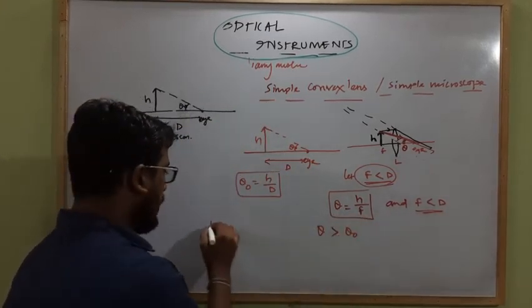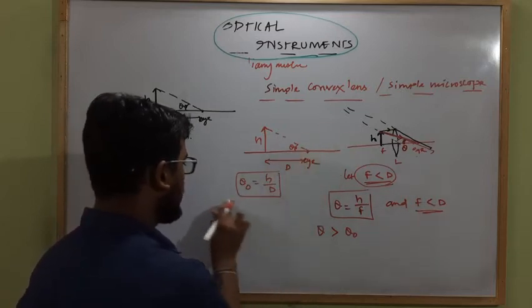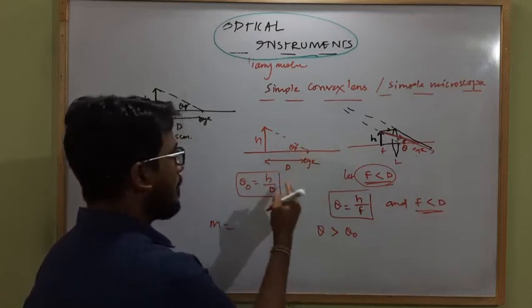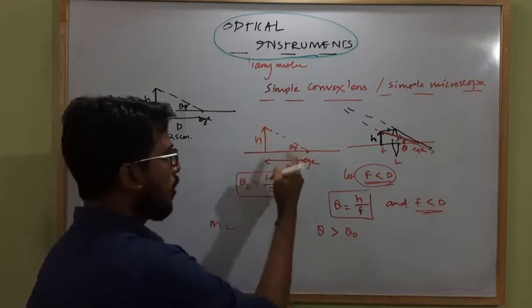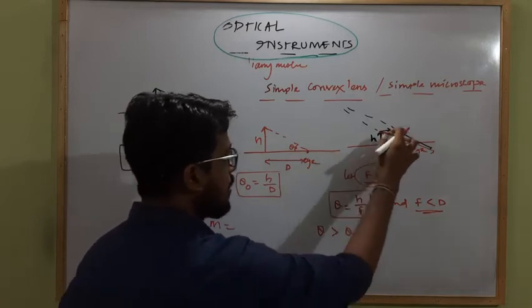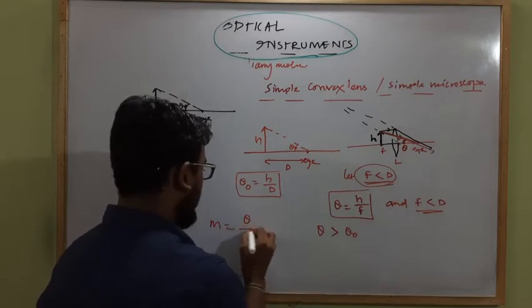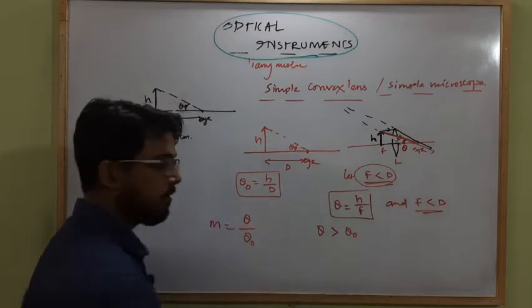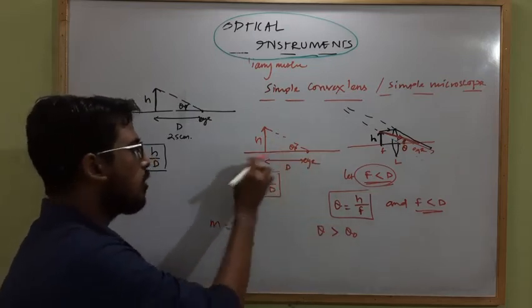So what will be the magnification of the object? The magnification is equal to the angle of view made by the object with the instrument divided by the angle made by the object for the normal eye. So this is theta. So the magnification will be theta divided by theta naught. By what amount does the angle of view increase in comparison to the naked eye?